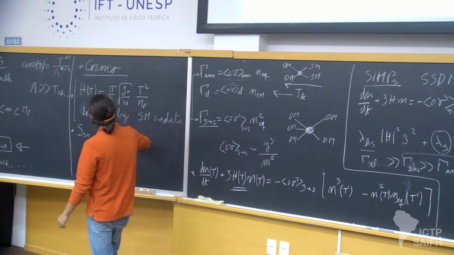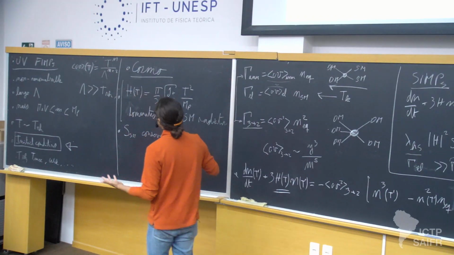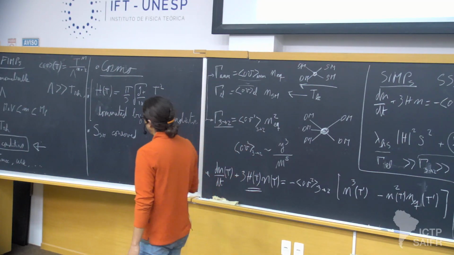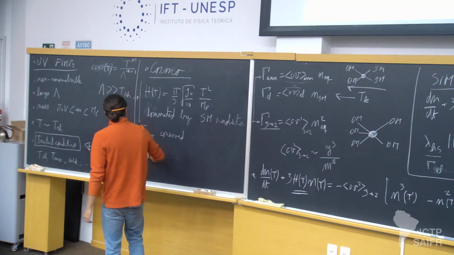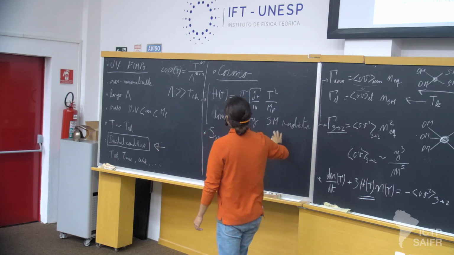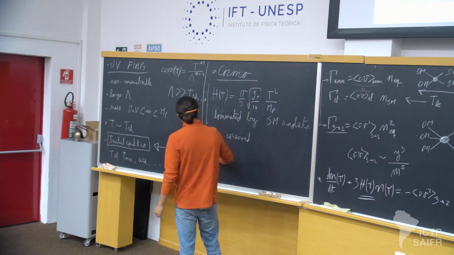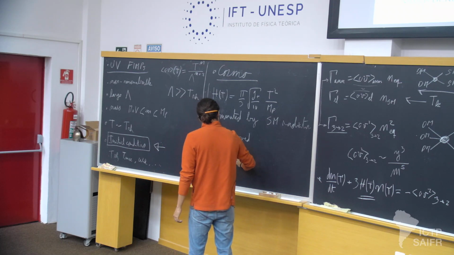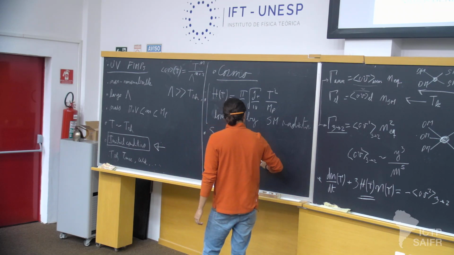I mean, in the early universe, we kind of understand how it works from the scale of BBN. So we're kind of sure that this is guaranteed if the temperature is smaller than the temperature of BBN, so in the MeV scale.